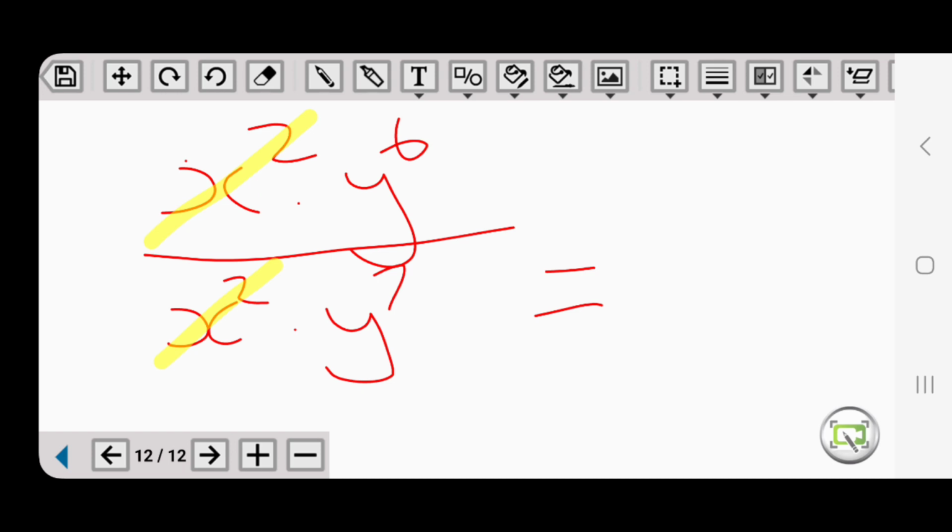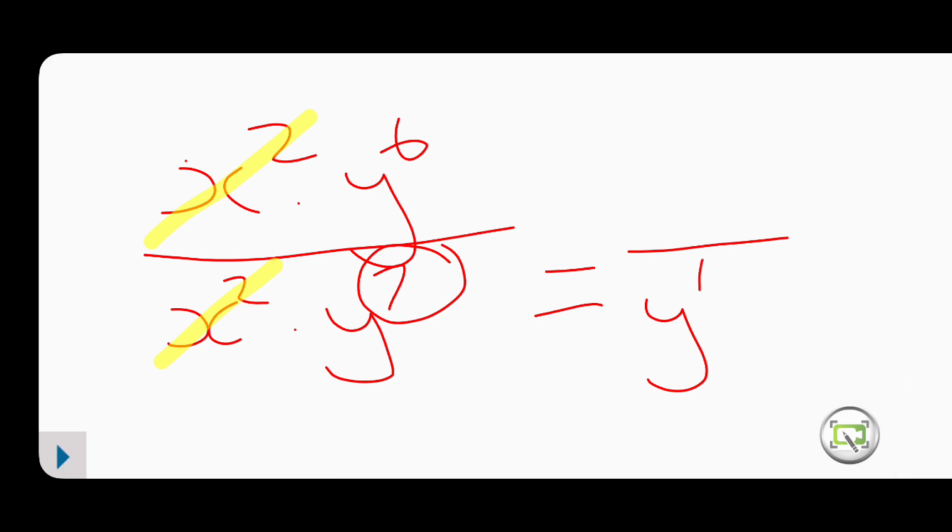They can cancel out. But now looking at the y's, we have a 7 and a 6. But can you see the biggest exponent is at the bottom? So our answer for the y, we will write at the bottom of the line. 7 minus 6 is 1. And because there's nothing left at the top, we have to write our invisible 1.